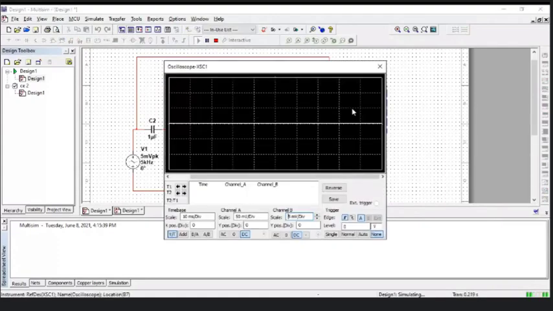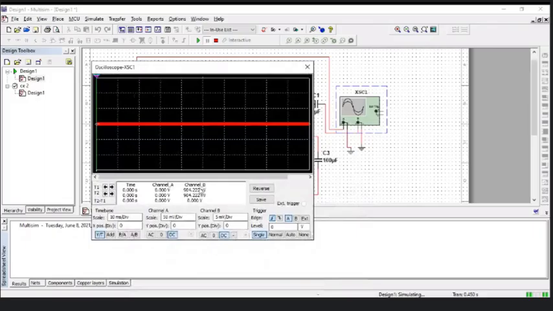Double click. Okay, then Ankush, just press single. Once it completes a screen, pause it. Now, is it connected to channel A or B?